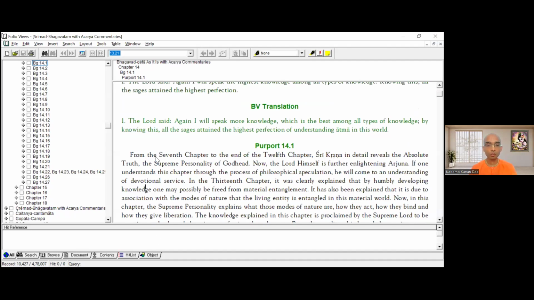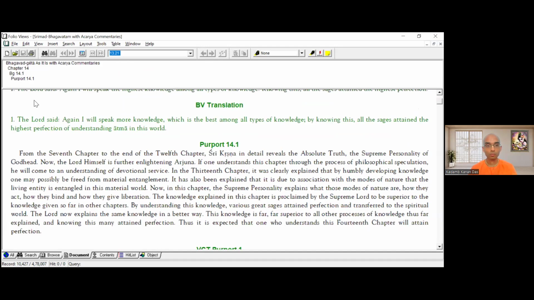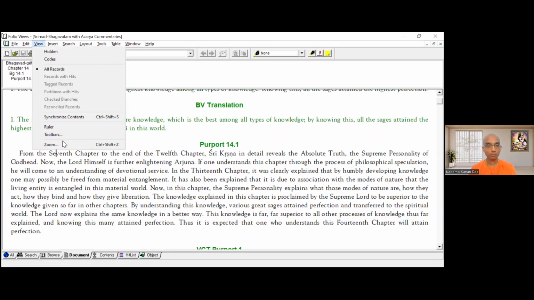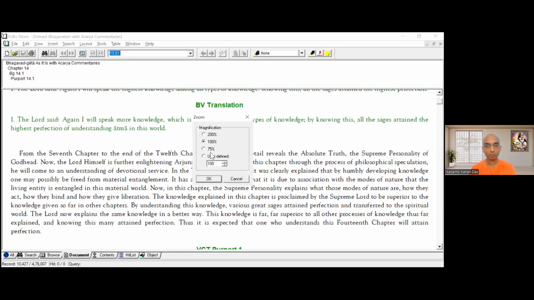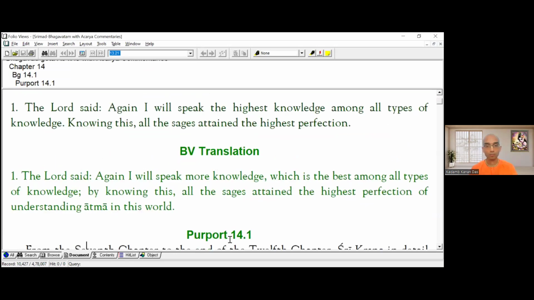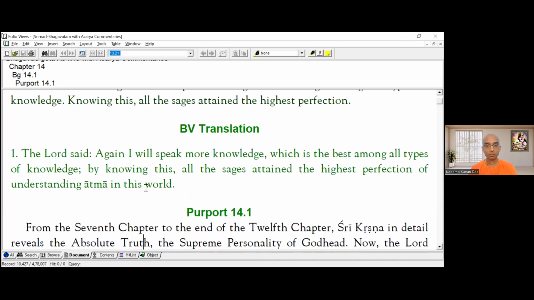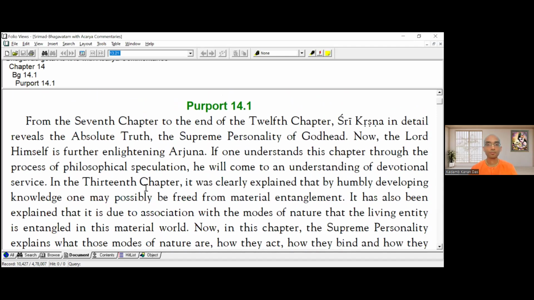Is it big enough or too small? Maybe we can make it bigger, Prabhuji. We can, yeah. Yes, Prabhuji, this is good. Yes, bro, please read.